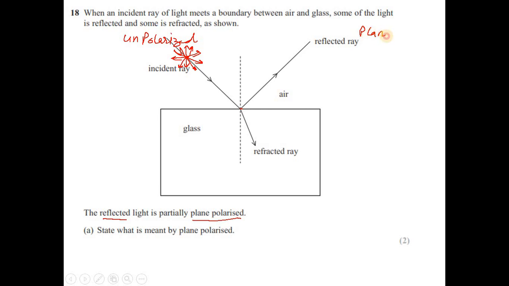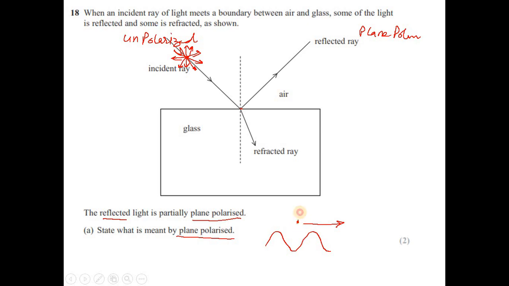We need to state what is meant by plane polarized light. A typical definition of plane polarized is oscillation in one plane. That means if we have oscillation in a vertical plane, this oscillation is perpendicular to the direction of motion.